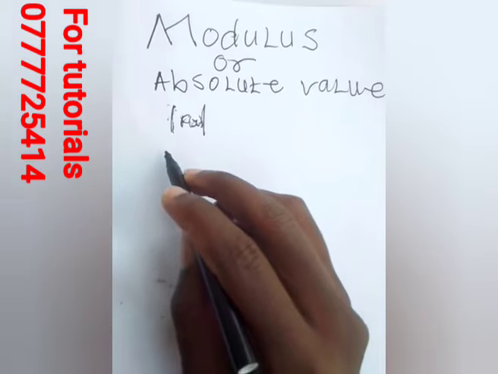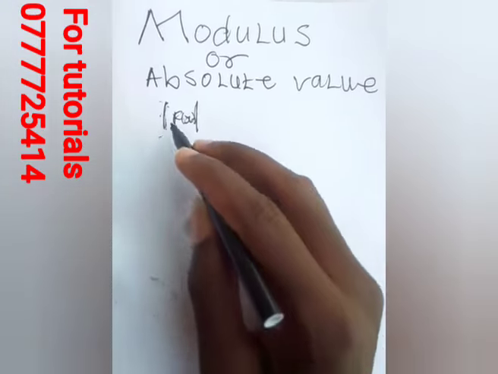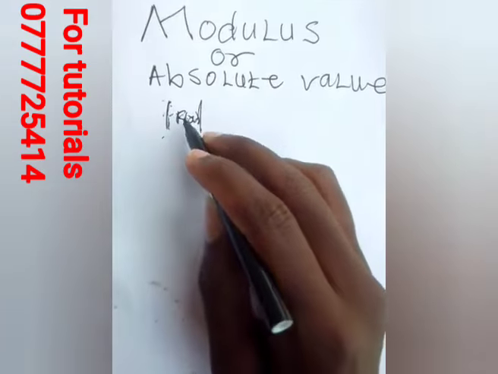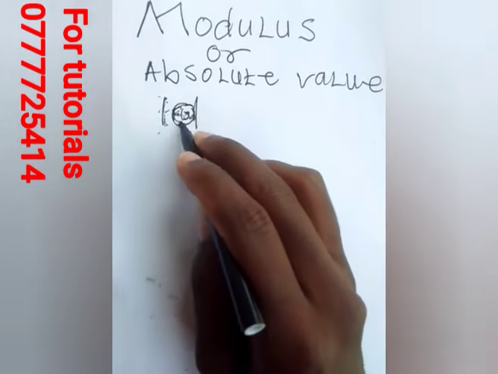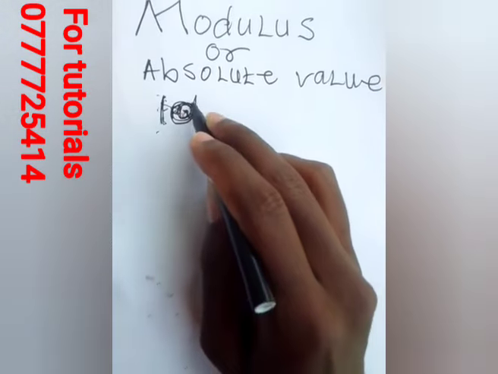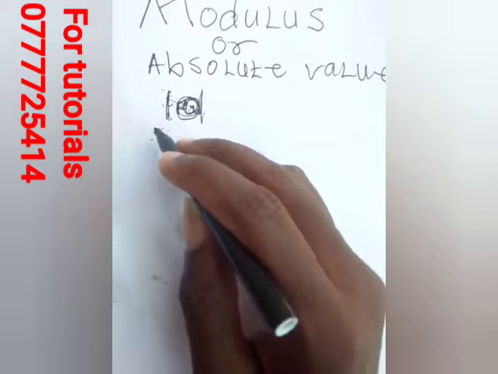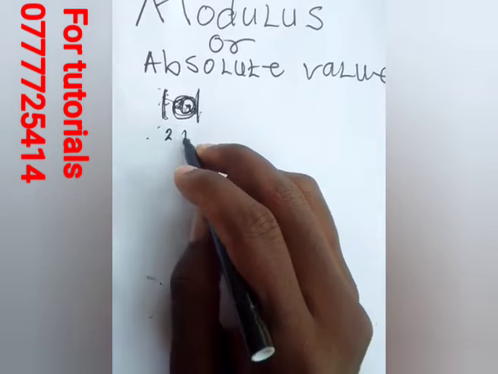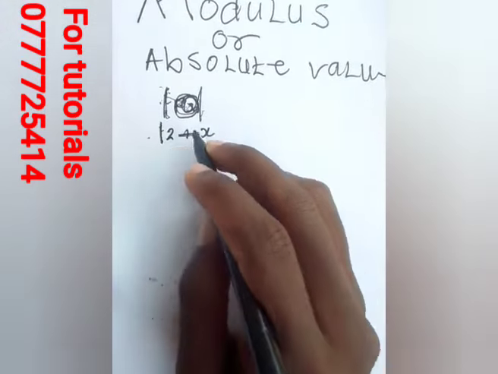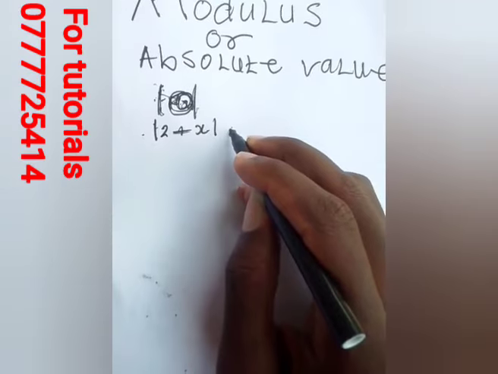So I was talking about the concepts. This is f of x, a function. Between the moduluses there will be a function. In some cases you have a linear function, for example 2 plus x, surrounded by the moduluses.